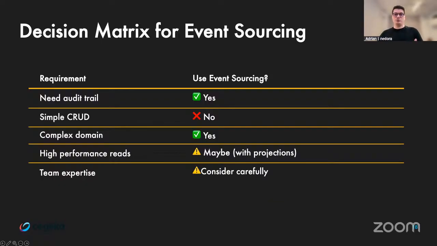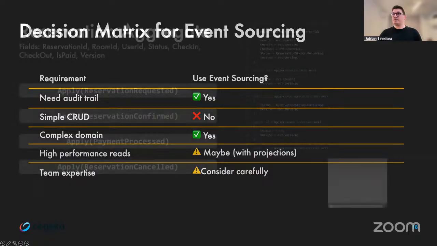As you walk through the matrix row by row, some cases are clearly a yes, like audit-heavy systems, like we discussed previously. Some are a clear no, where you can rely on CRUD operations, and others are really negotiated based on the trade-offs. It's not a strict rule book, but it's maybe a good starting point for a decision.